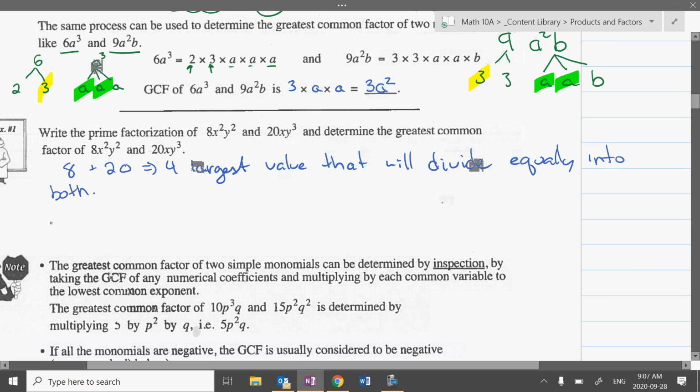So then between x squared y squared and xy cubed, 1 x and 2 y's are common.